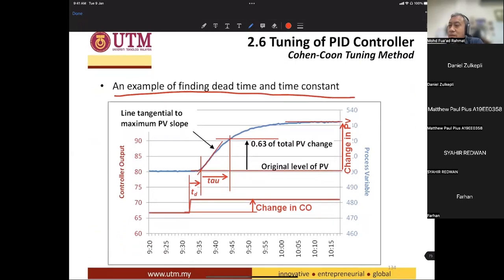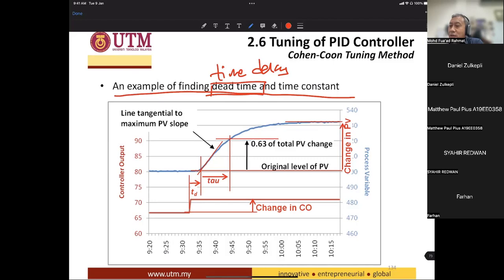So for your information, time delay is dead time. We use the term time delay as it is more appropriate, because dead time is quite scary among students. So we just replace it with the time delay.